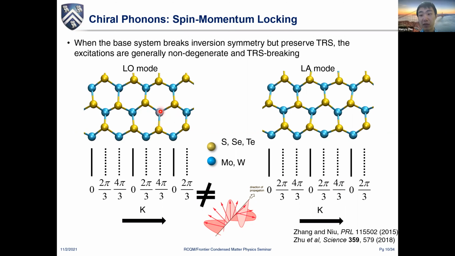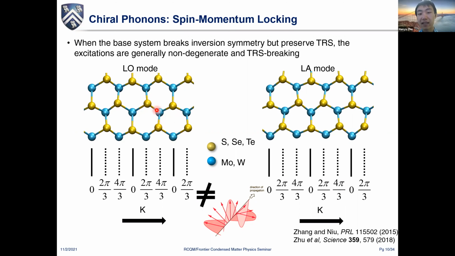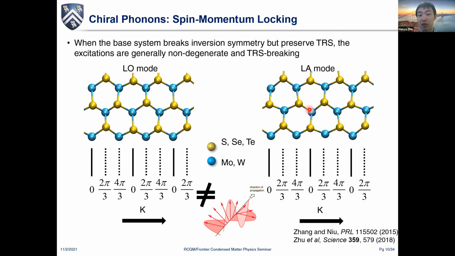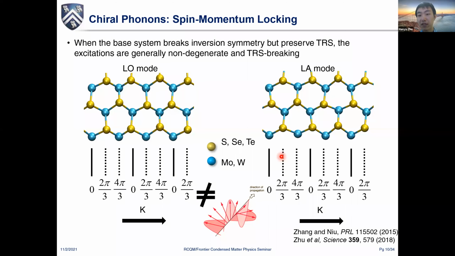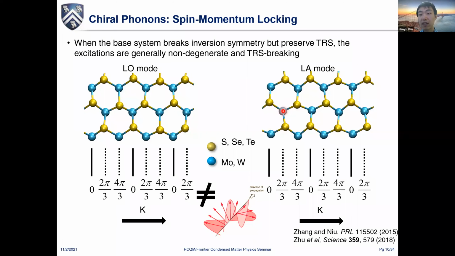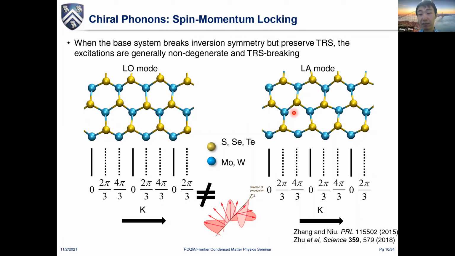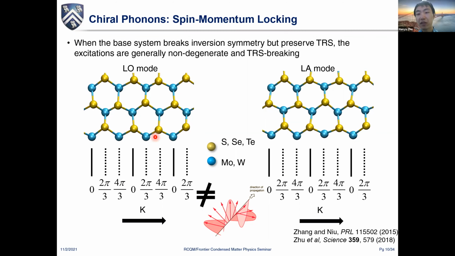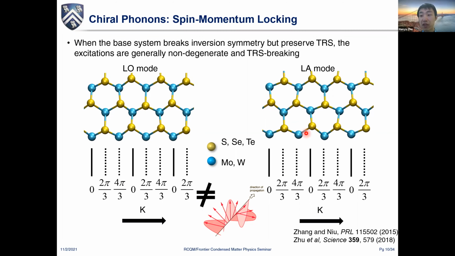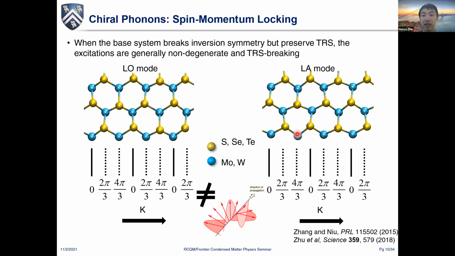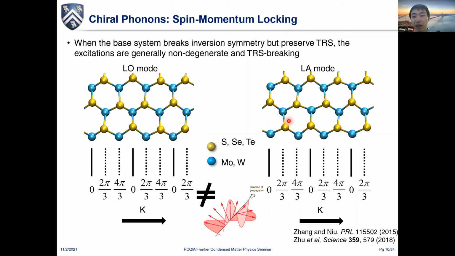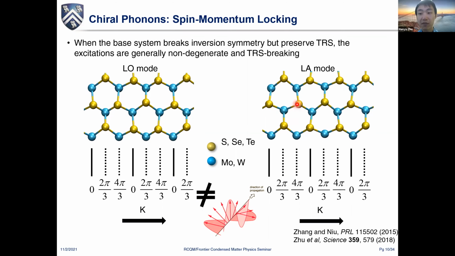And then it is possible for the A sublattice to keep skew, whereas in the other mode, because of the phase relationship, those bonds cannot have the same distances. So the A sublattice atom must rotate. Okay, now apparently those two vibrational modes are different, right? Indeed, they not only have different displacement, but also generally have different energy.